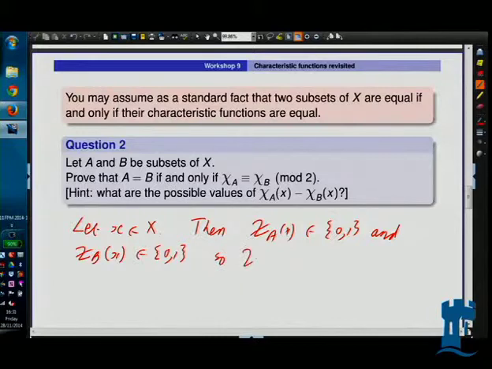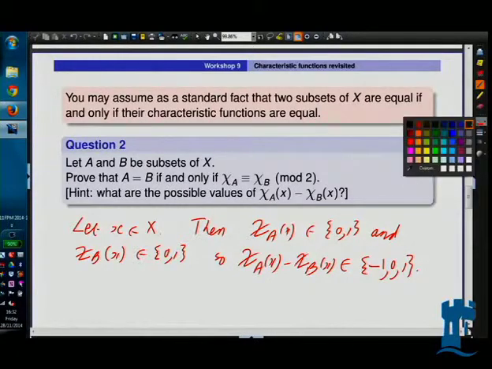So chi_A of x minus chi_B of x can only be minus 1, 0 or 1. You can just check all the four possibilities, and you get minus 1, 0 or 1. Now, of those, only 0 is even.